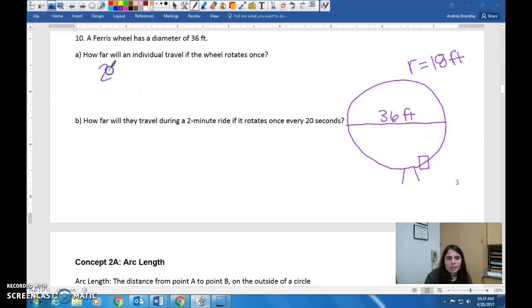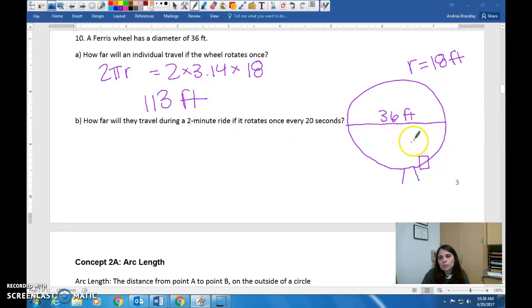So circumference formula is 2 pi r, so we have 2 times 3.14 times the radius, which we just found to be 18. So if I enter that in my calculator, I have 2 times 3.14 times 18, and it's about 113 feet. So if I just go around once, I go about 113 feet.